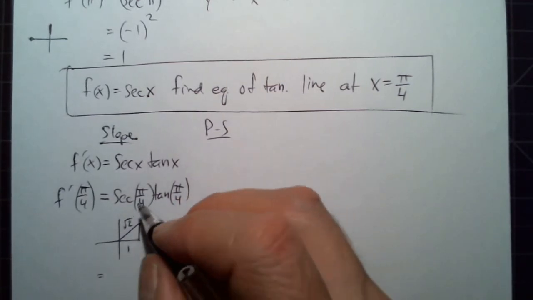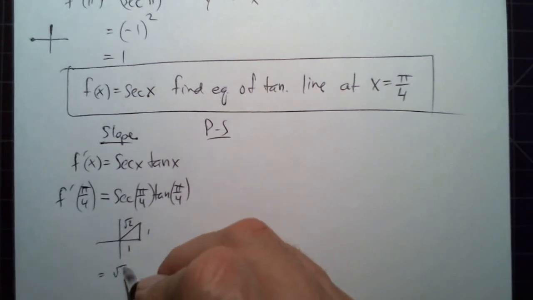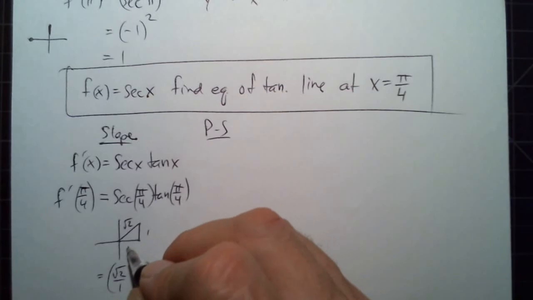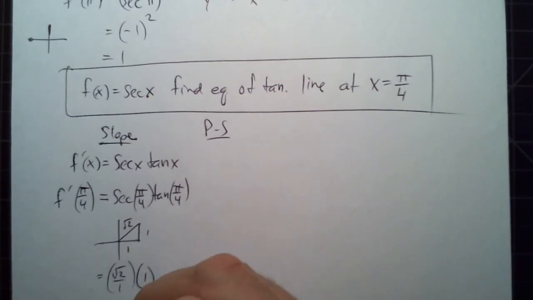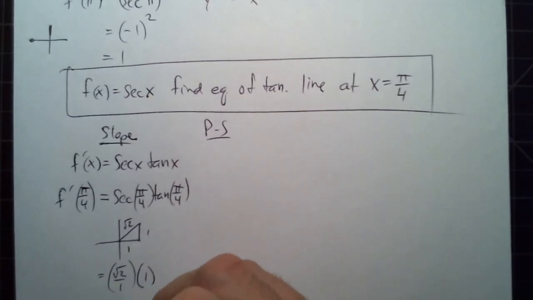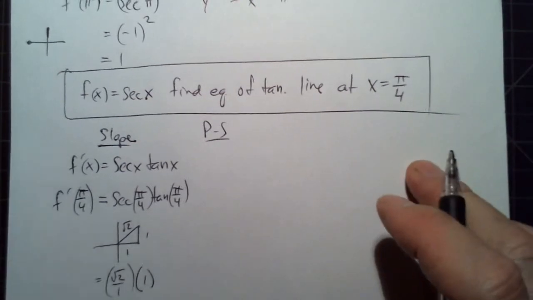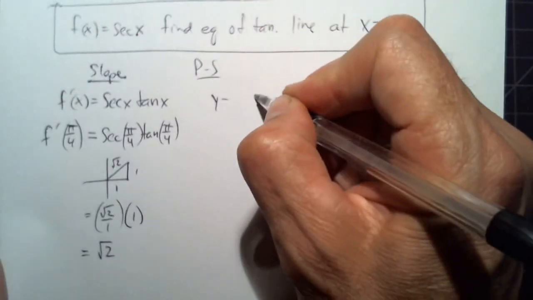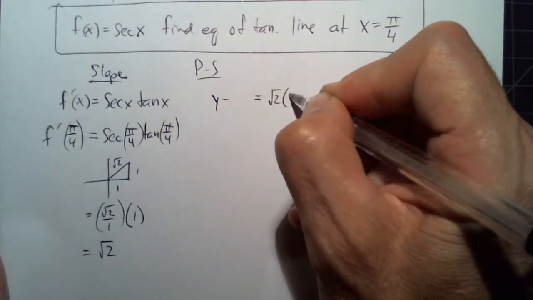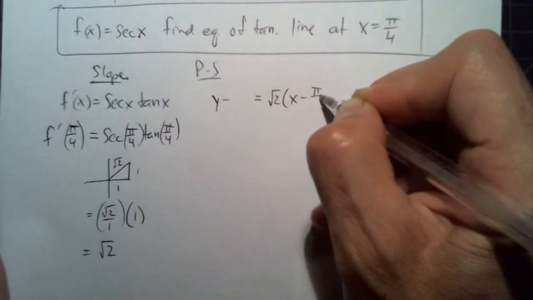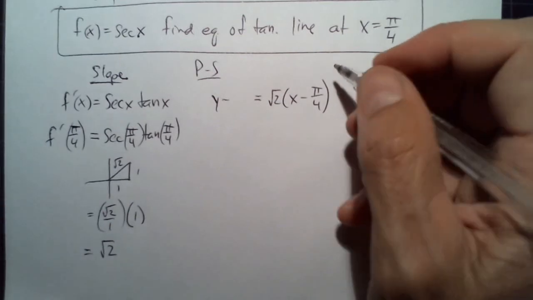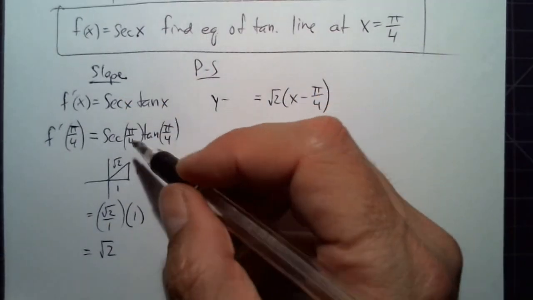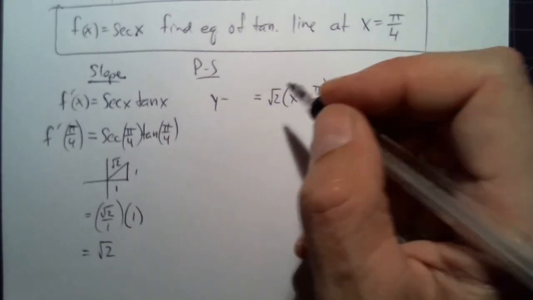Secant is r over x. Tangent is y over x, so that's 1. And we get radical 2. Y minus y1 equals m times x minus x1. The y value of secant at pi over 4, we see that right here is radical 2.